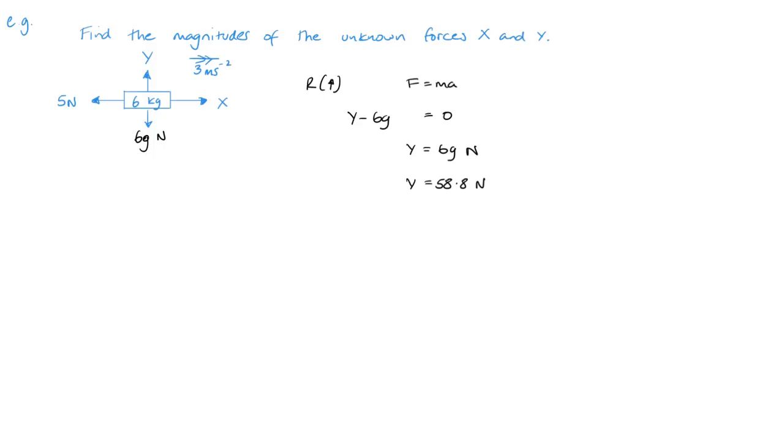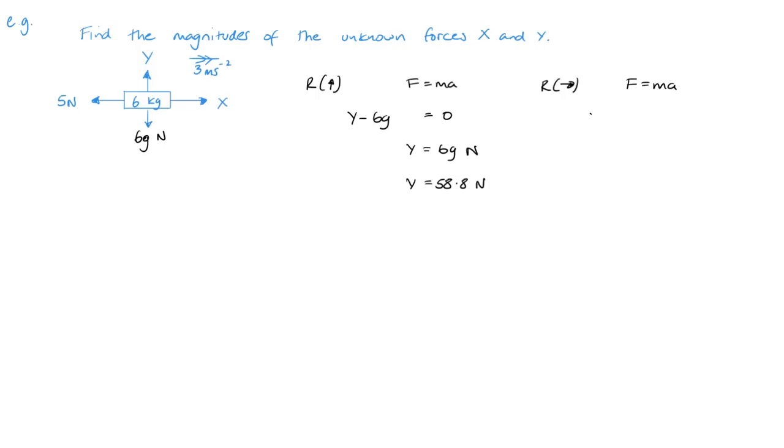Now let's look at resolving horizontally. And again, we're using F equals ma. It's accelerating to the right, which means that the force going to the right, which is x, is larger than the force going to the left, which is 5.